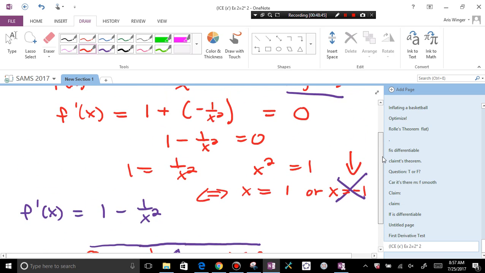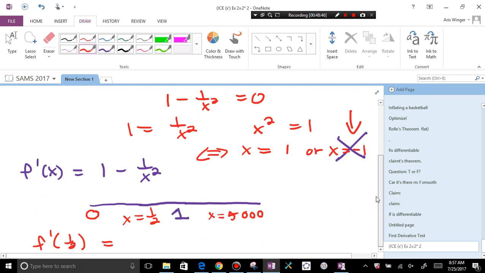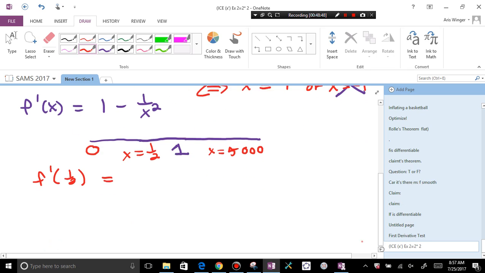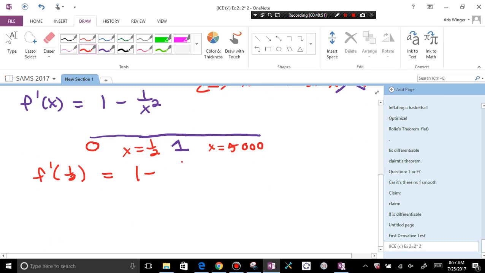I'm sorry, let's just make sure. 1 minus 1 over 1/2 squared. 1 minus 1 over 1/4. 1 minus 4, negative. Should be decreasing before 1.